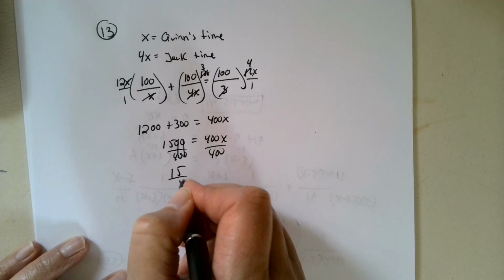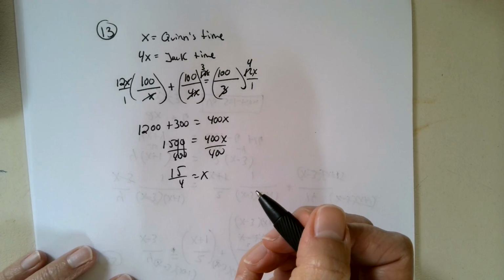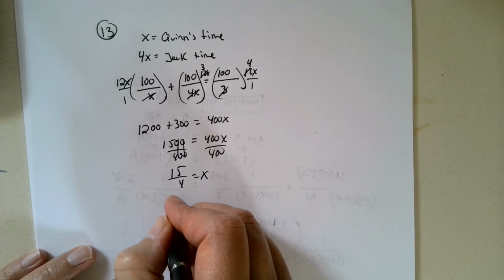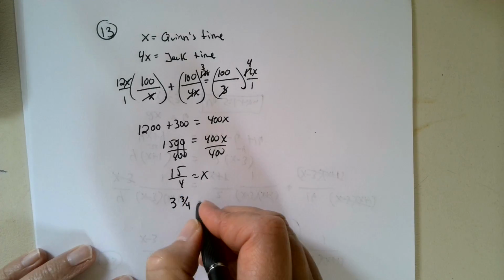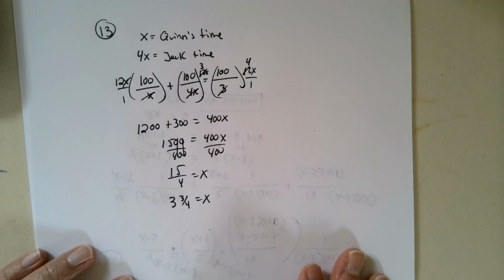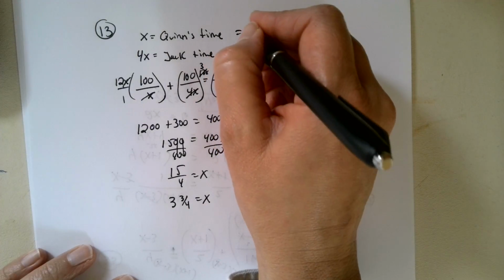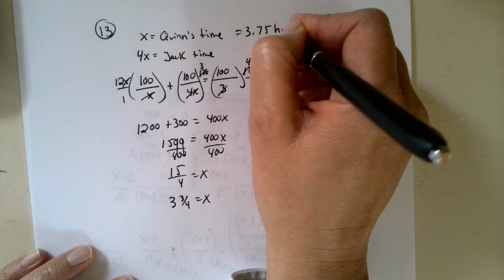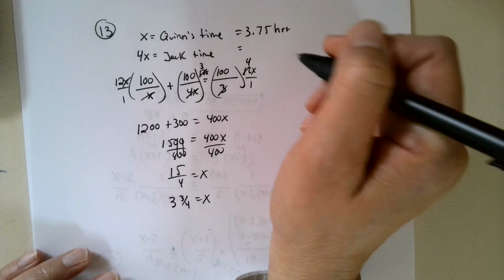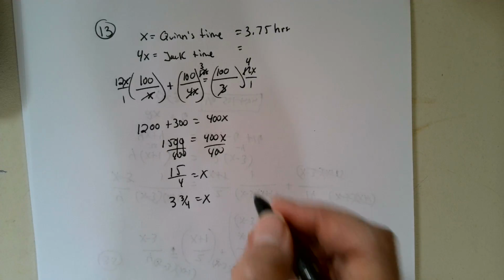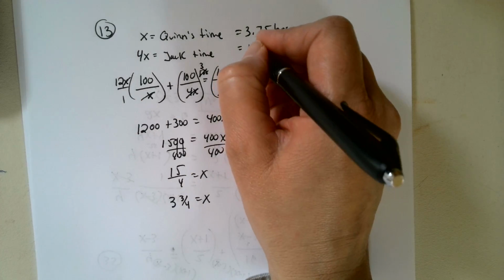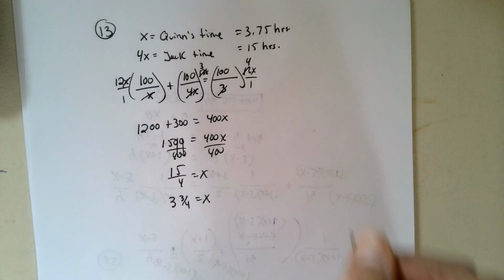And so we're going to have 15 over 4 for x, and that would be 3 3/4 of an hour, or 3.75. So Quinn is going to take 3.75 hours, and when you multiply that by the 4, then you end up with the 15 hours for Jack.